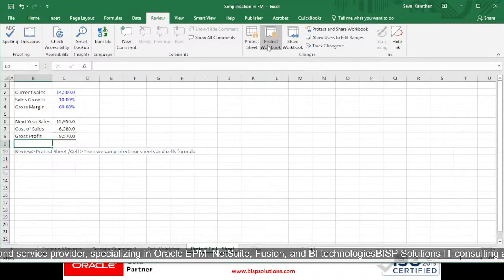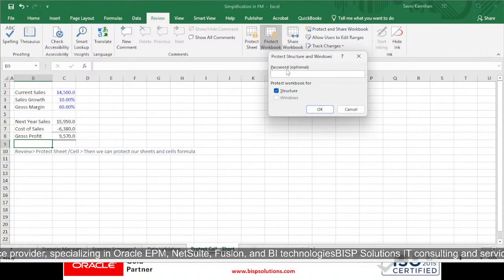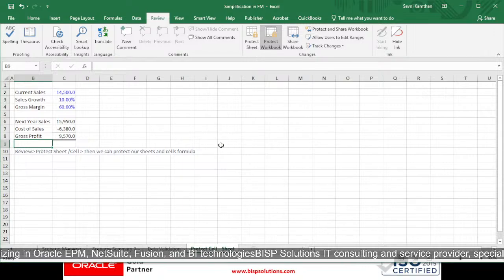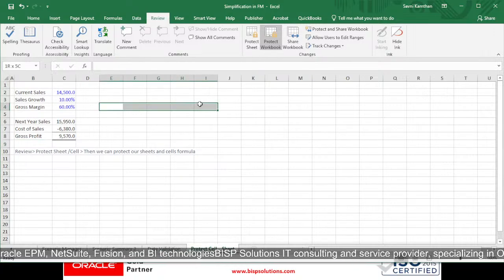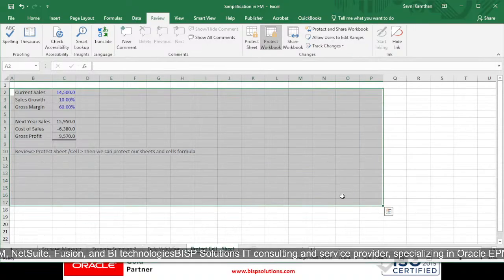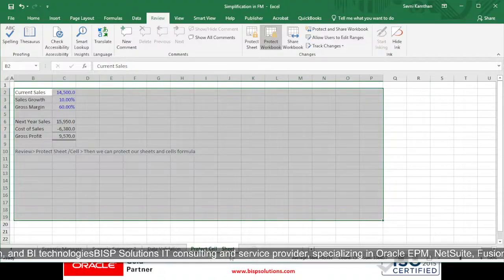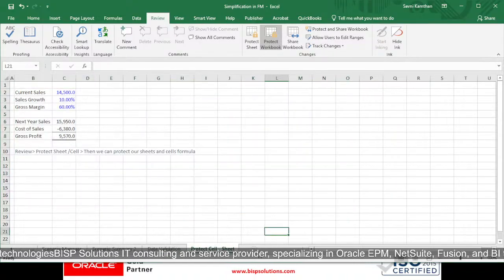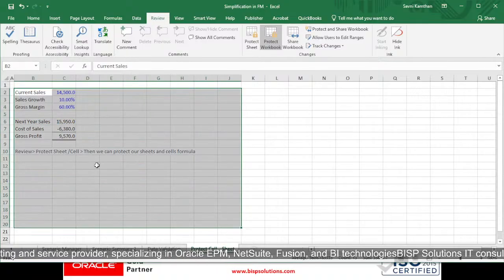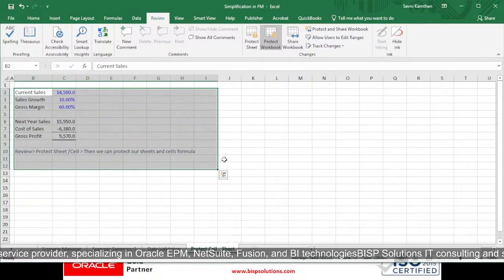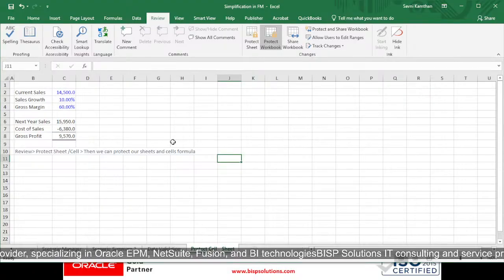If we click on protect workbook, it will ask us for a password, and if we click on OK, it will give security to our sheet. Now if I want to add any more sheets, I can't do that, and my workbook is fully secured, no one can add more sheets.